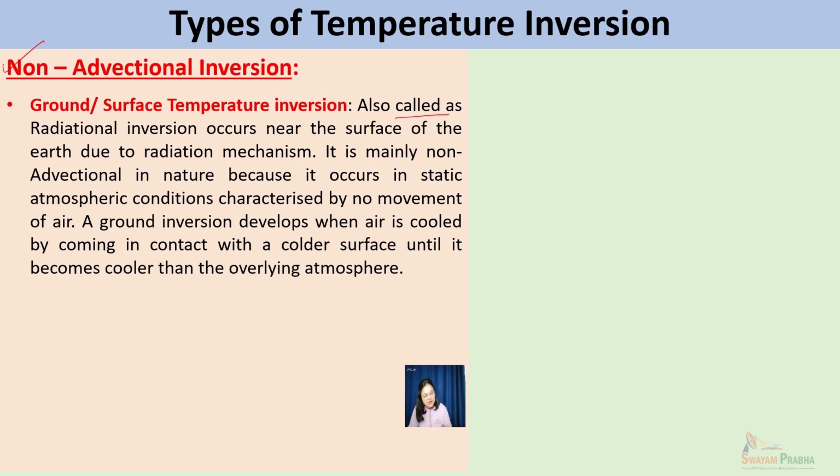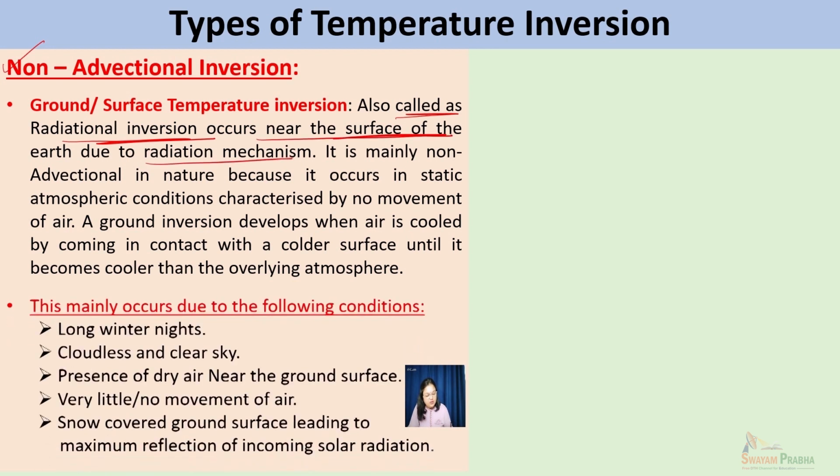Therefore, it is also called radiational temperature inversion because it occurs near the surface of the earth due to radiation mechanism. It is mainly associated with non-advectional temperature conditions and there is no movement of air. The atmospheric conditions are static and very stable, characterized by no movement of air.